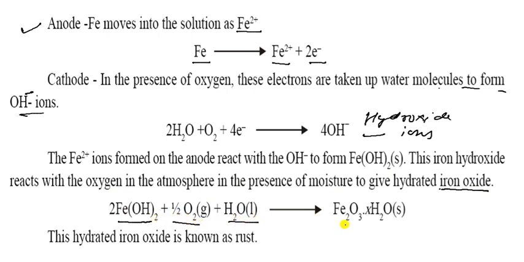So H2O plus O2 and 4 electrons give 4 OH- ions, hydroxide ions. The Fe2+ ion formed at the anode reacts with the OH- ions to form solid Fe(OH)2. This is iron oxide.